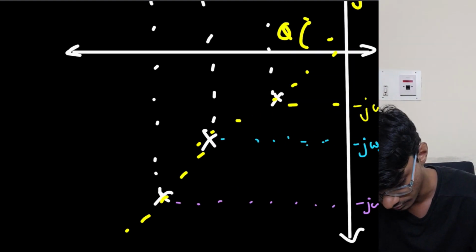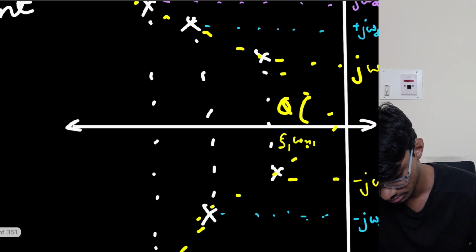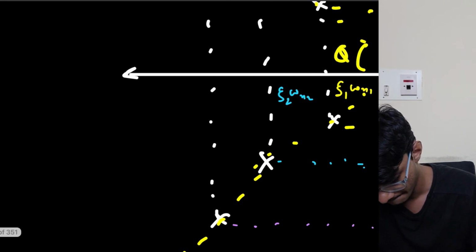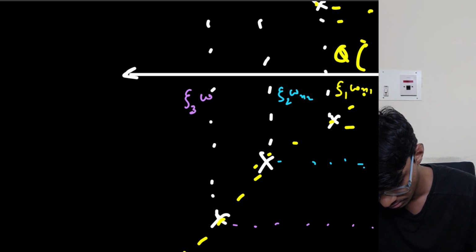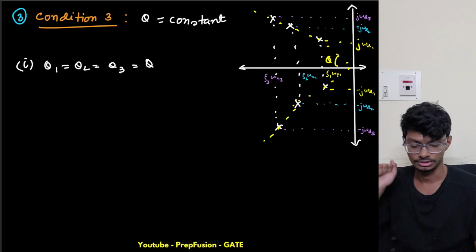So I should write here that this is my zeta 1 omega n1, this is my zeta 2 omega n2, and this is my zeta 3 omega n3.